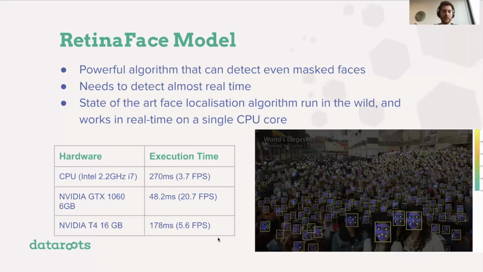As you see, we also share the execution time of this model. It runs at around 3.7 FPS on a single CPU, and if we use a GPU, this speed can increase up to 20.7 frames per second.